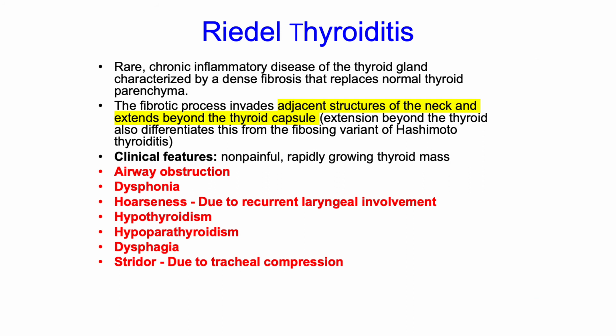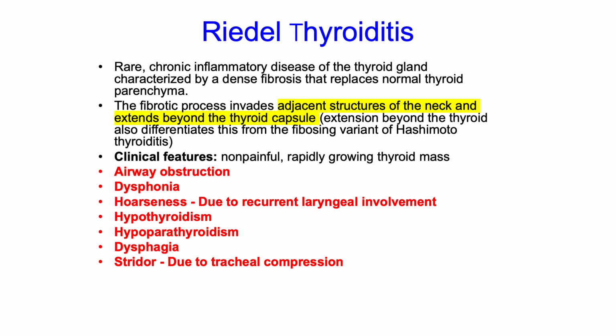Coming to Riedel's thyroiditis. Now, this Riedel thyroiditis is a rare type of disease. It's a chronic inflammatory disease of the thyroid gland that may occur only in the thyroid gland, or it may be seen in association with various fibrotic disorders, various diseases having IgG4 producing plasma cells. So it may involve various other organs like pancreas, kidney, liver, and other organs may also be involved by this fibrotic process.